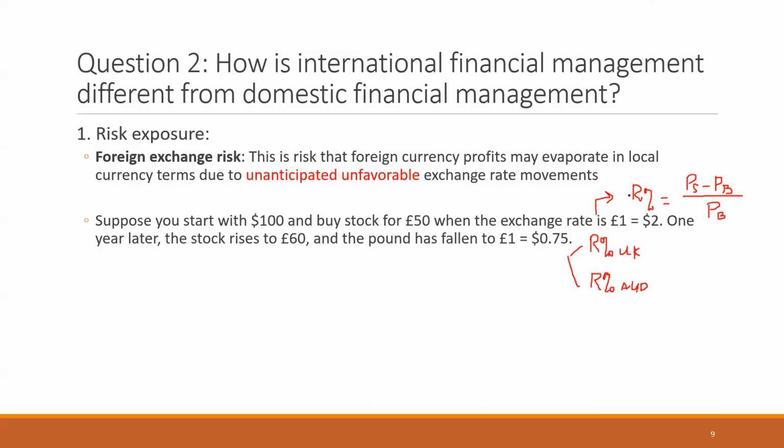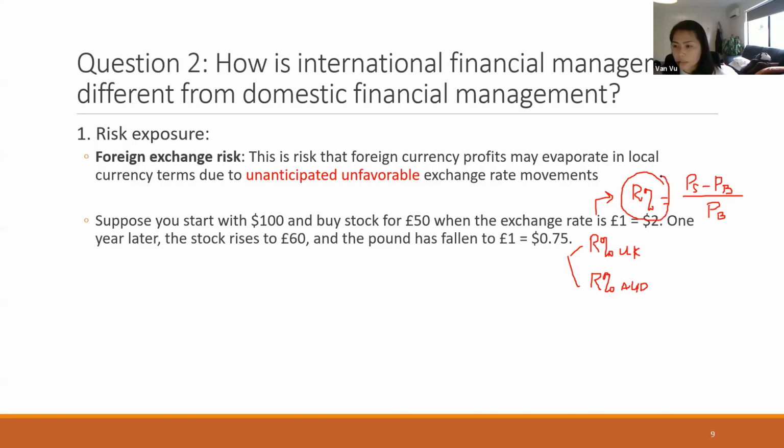If you want to compute a rate of return for any kind of investment, you take the price that you sell the asset at minus the price that you buy the asset at the start. This difference is the capital gain. And then you divide it by the price that you buy the asset at.